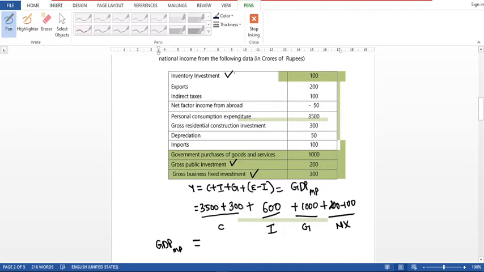This is 3800 plus 600 plus 1000 minus 100. This is 3800, 4400, 5400, and 5,500 crore rupees is nothing but GDP at market price. Let me check the answer. Yes, it is correct. Is it all?